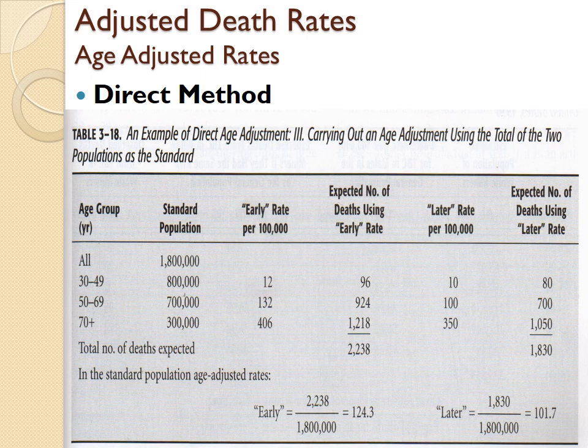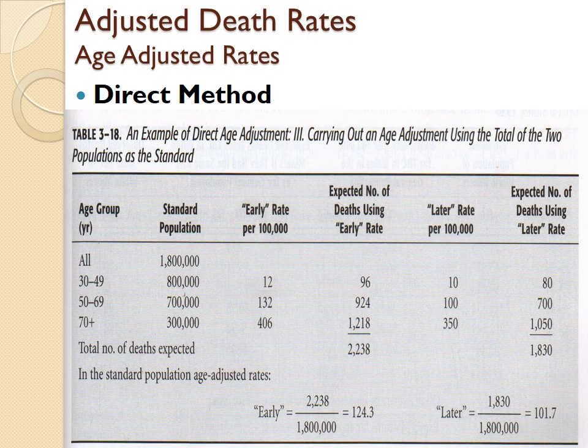Now, keeping in mind the standard population, we put in the early death rates per 1 lakh from the previous table for the different age groups, that is 12, 132 and 406, and in the later period the death rates are 10, 100 and 350. Now see the expected number of deaths using the early rate, the fourth column, and the sixth column, which shows the expected number of deaths using the later rate.